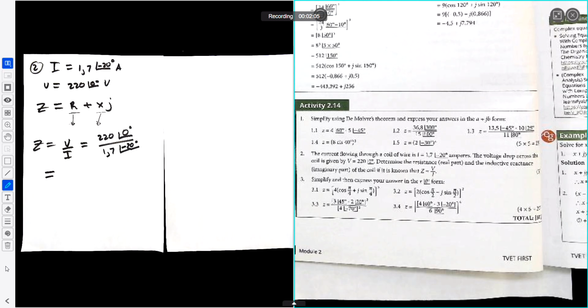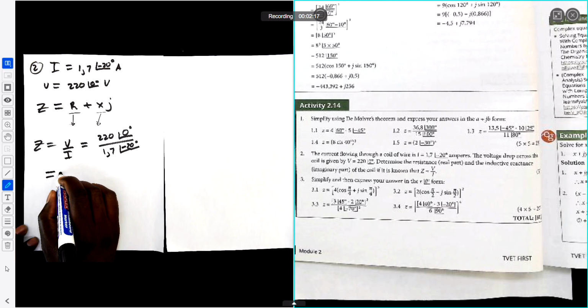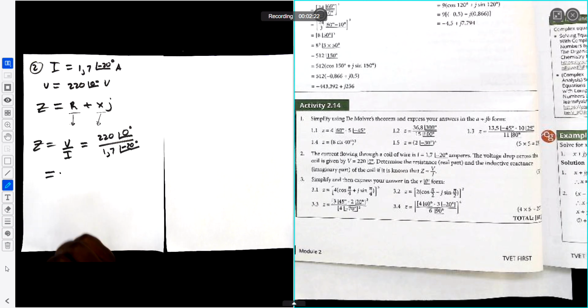When we use the Moivre's theorem, we divide 220 by 1.7, so r1 divided by r2. So the answer is 220 divided by 1.7.